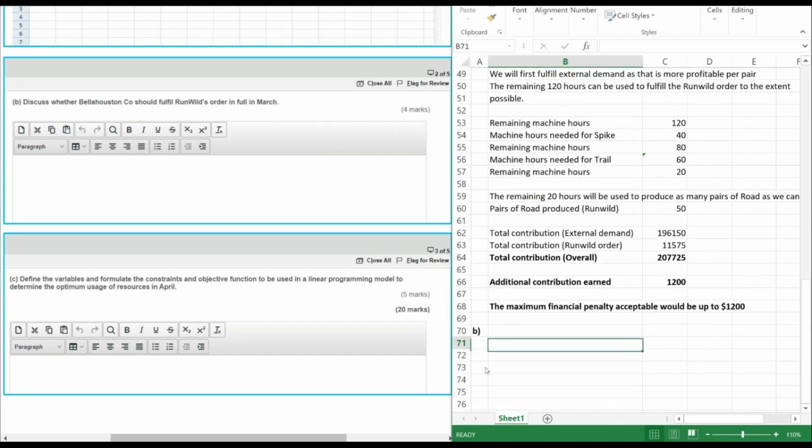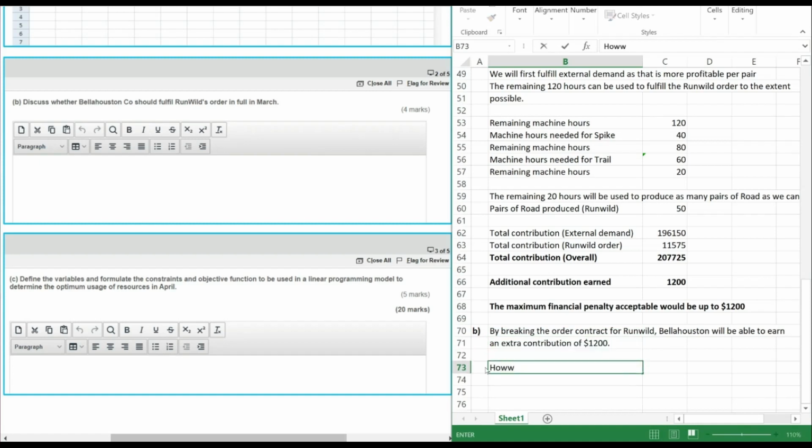So first things first, by breaking the order contract for Runwild, Bella Houston will be able to earn an extra contribution of $1,200. So that's one good thing.